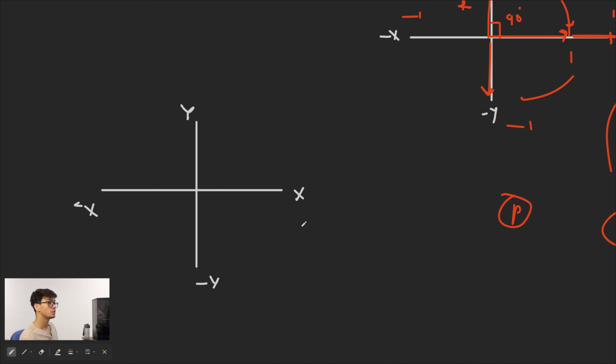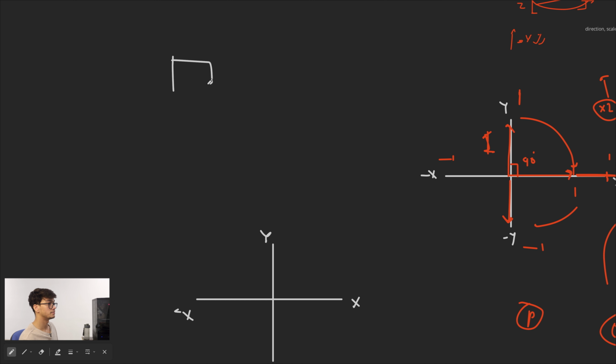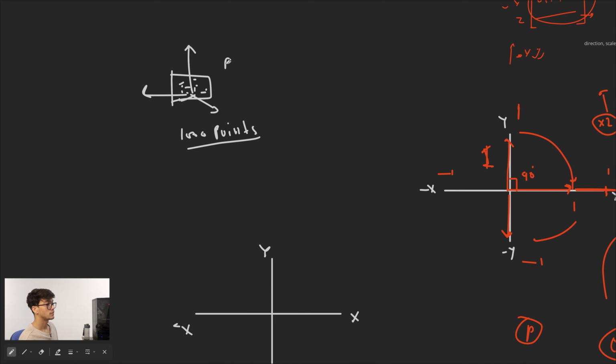Okay, so you say I have this object. It is made up of thousands of points, 1000 points. The matrix tells about this object, like direction, up, down, right, and its scale.